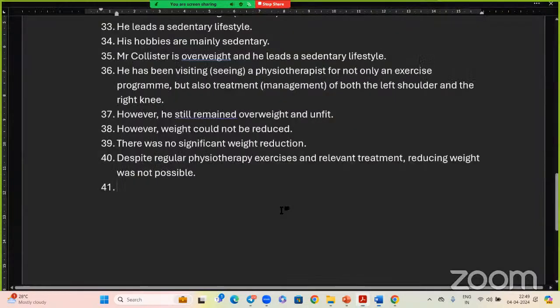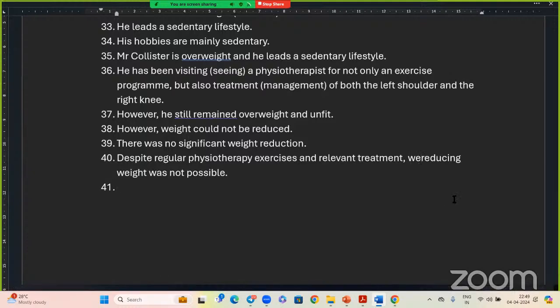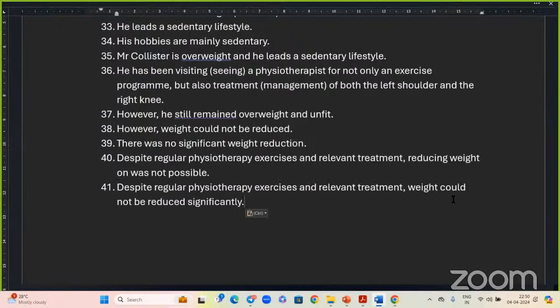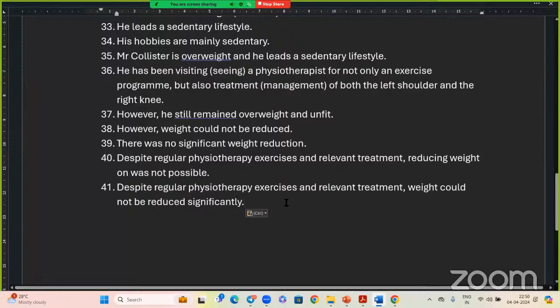Weight could not be reduced significantly. Despite regular physiotherapy exercises and relevant treatment, weight could not be reduced significantly.